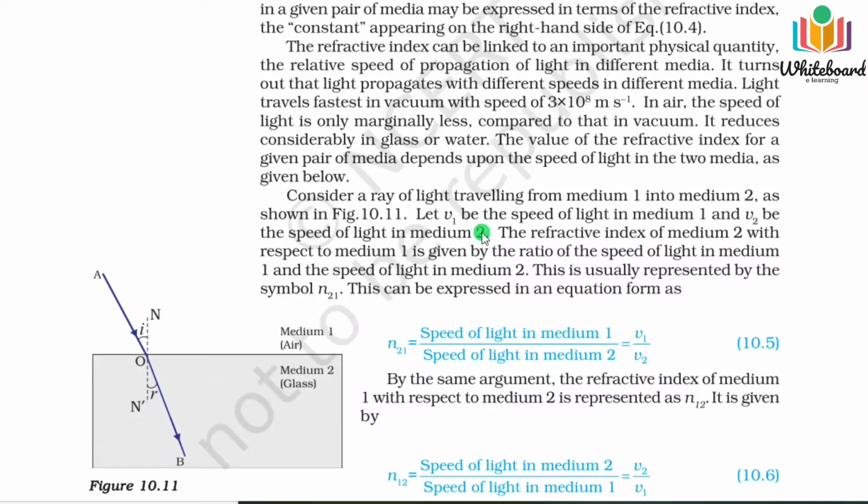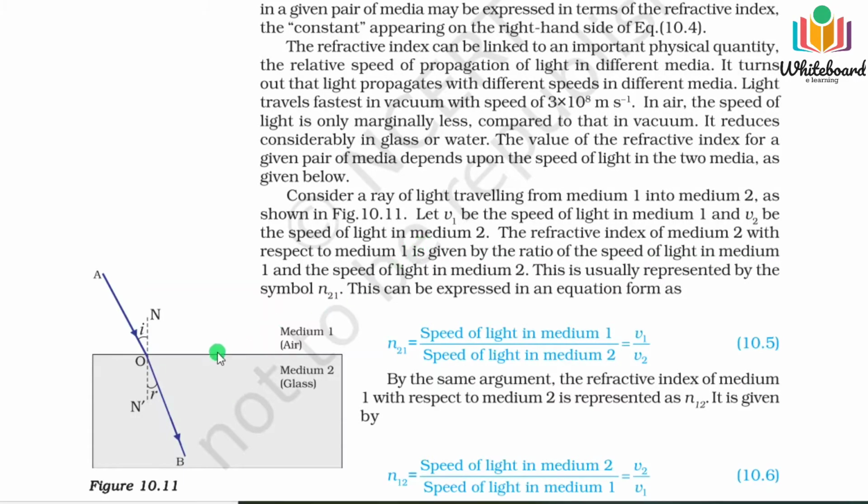Relative refractive index is when you find the refractive index of any media with respect to another medium other than air. If one medium is air, then absolute refractive index will apply.